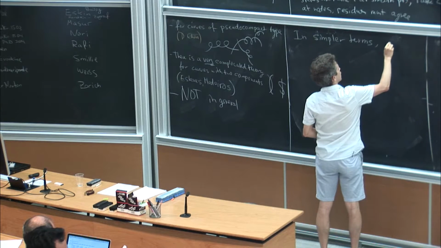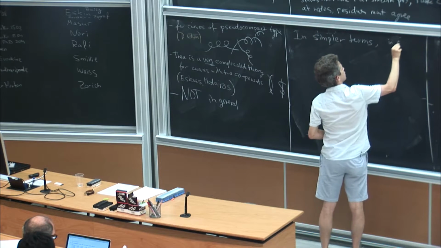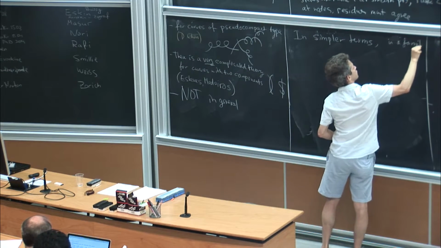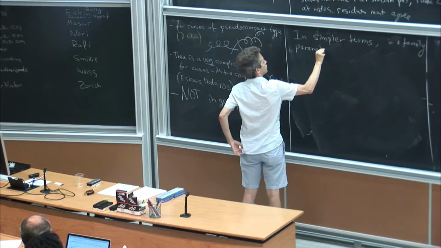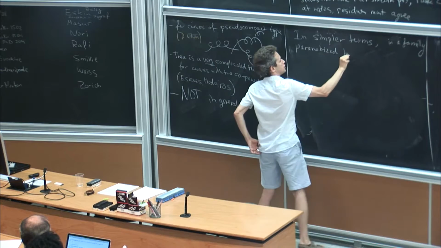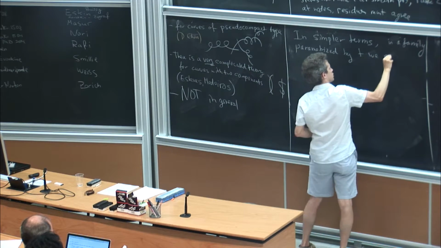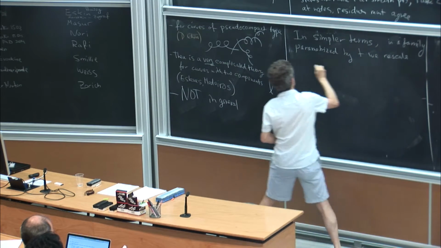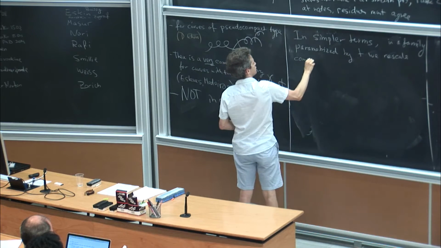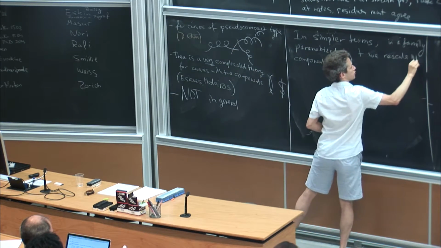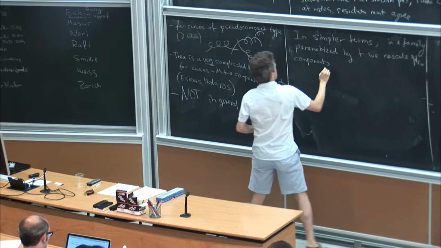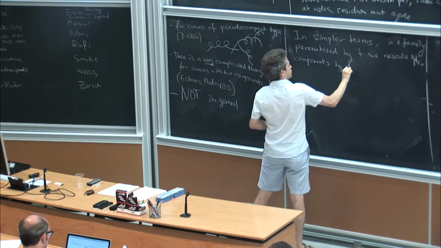In simpler terms, in a family parametrized by t, we rescale eta on various components by different powers of t.